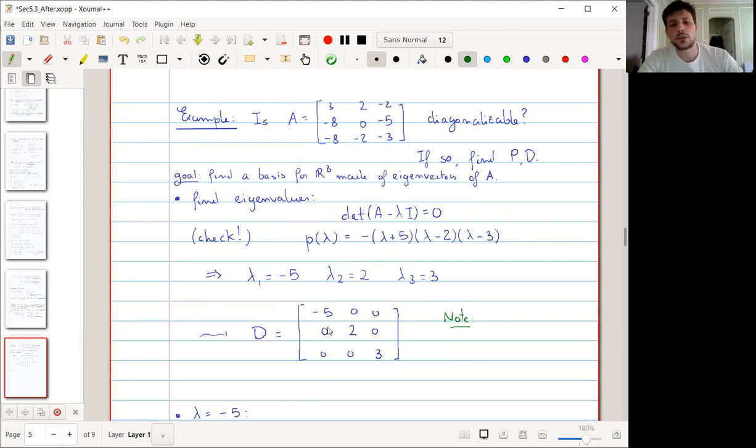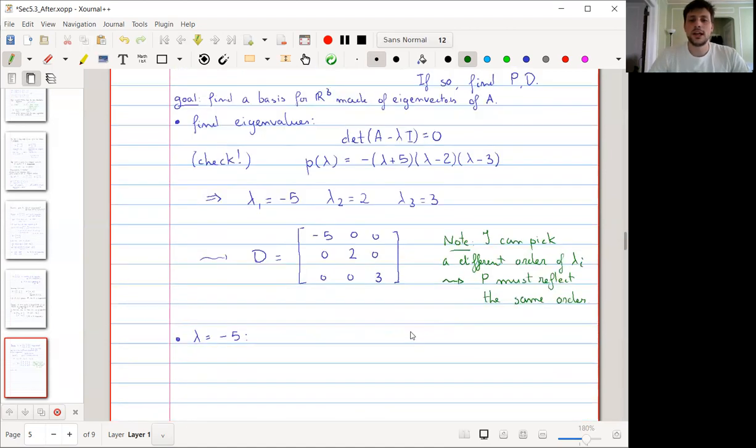In other words, I could pick a different order for my eigenvalues, the lambda i, and that is no harm, but the important thing is that I reflect the same order in the columns of P. We'll see what I mean in this example.